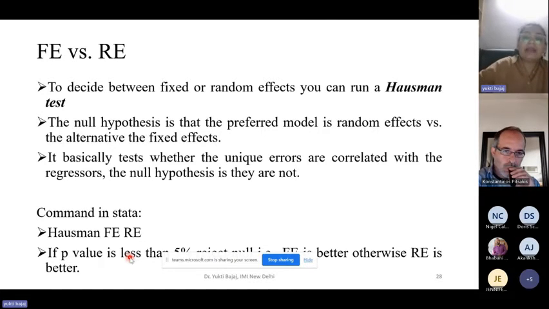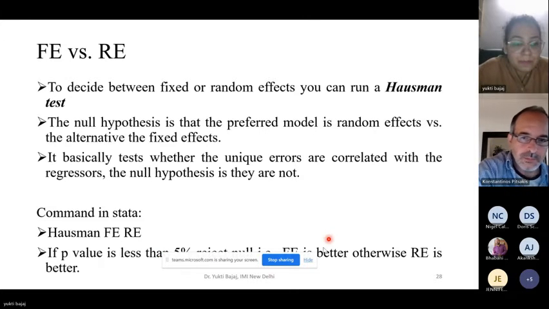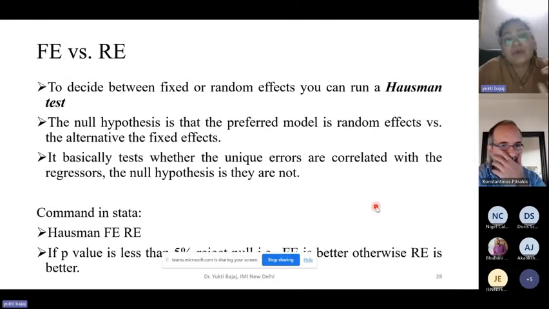The Hausman test has a null hypothesis which states that the preferred model is random effects. The alternate hypothesis says no, fixed effects is the preferred technique. It's a chi-square test statistic. If the p-value is less than 5%, you all know we reject the null hypothesis. That means FE is better. Otherwise, RE is better. So Hausman tells you whether to go with FE or RE based on your type of panel data.